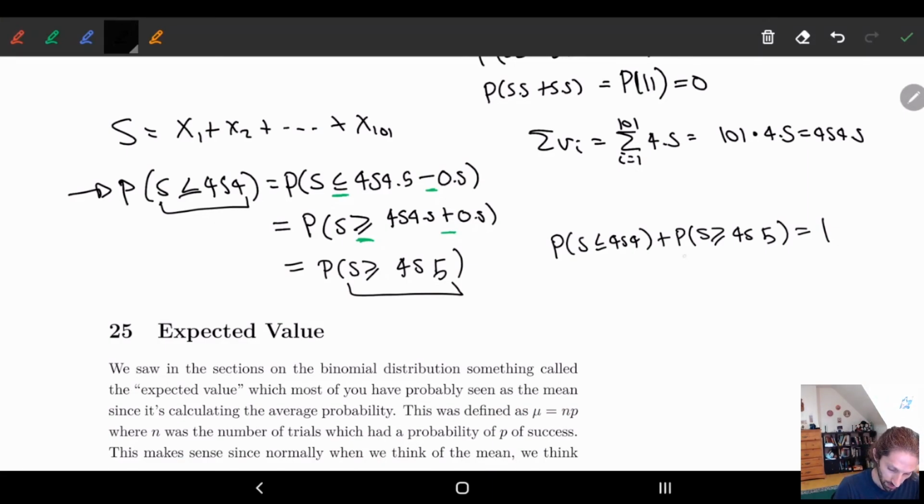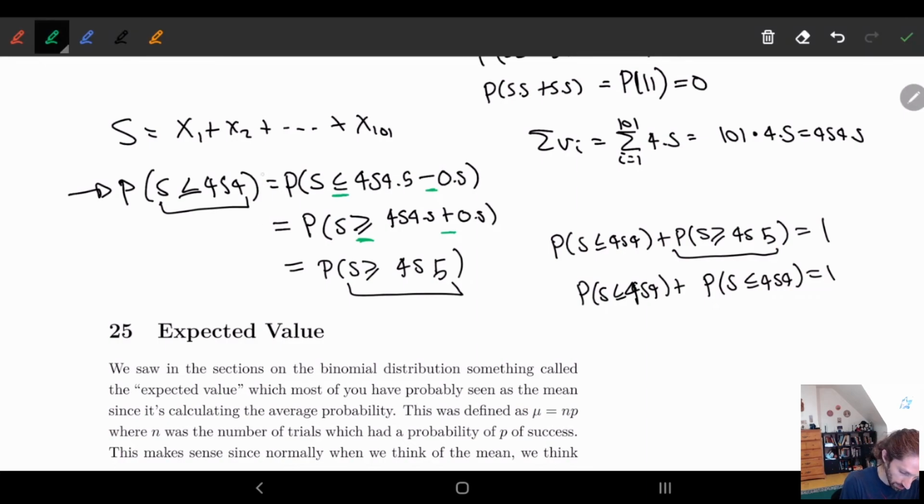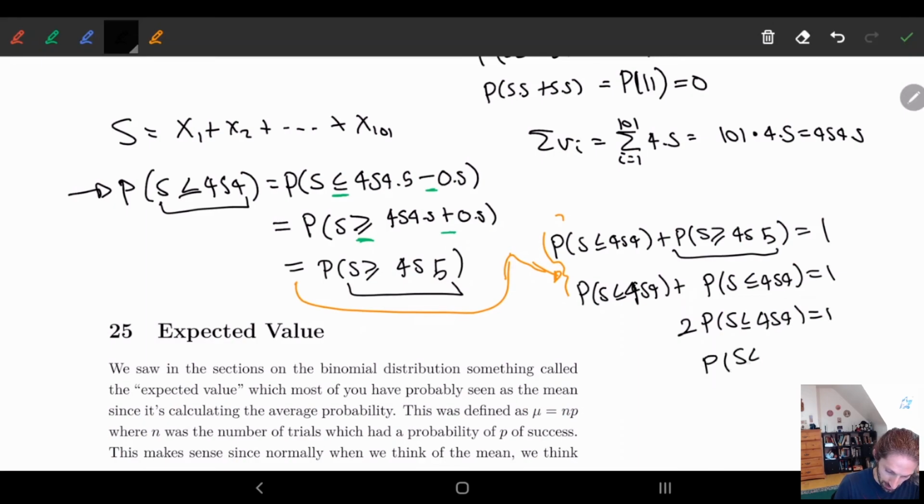And since these two are equal, I can just put them together. I have two of the same thing, so I can just add them together. That's not a big problem. And so I get P of S less than or equal to 454 is equal to 1/2.